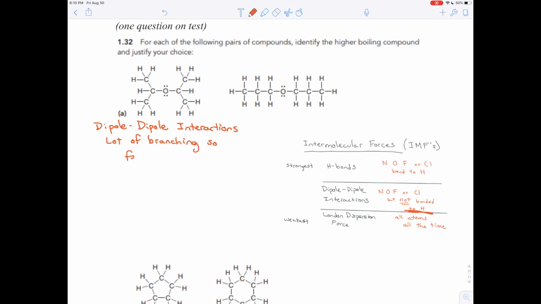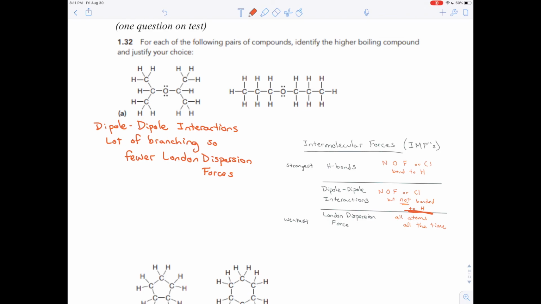So there are fewer London dispersion forces. That sort of summarizes the intermolecular forces for this molecule.